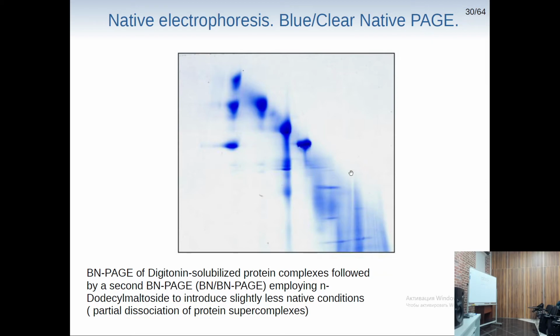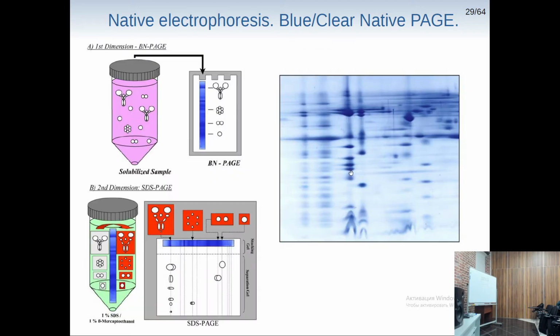Actually, it's a really good resolution for such kind of electrophoresis. But even from this electrophoresis, you can just cut a piece of your gel, and as you will see in the next lecture, you can identify the proteins in this band. It's quite enough to excise even those two bands as separate ones.